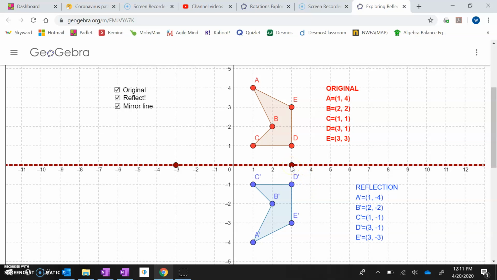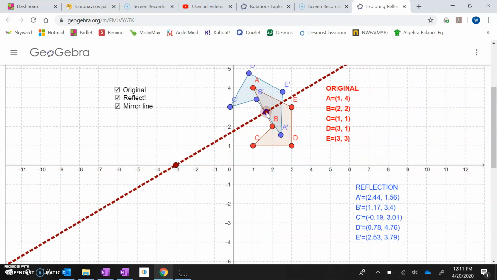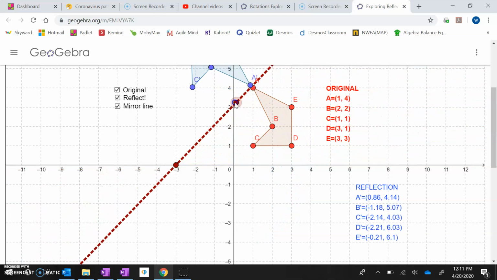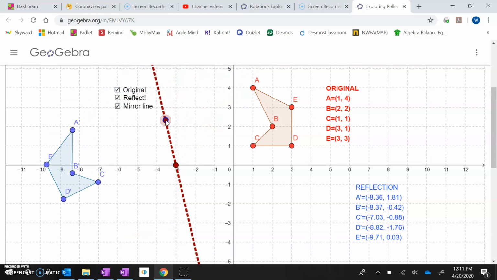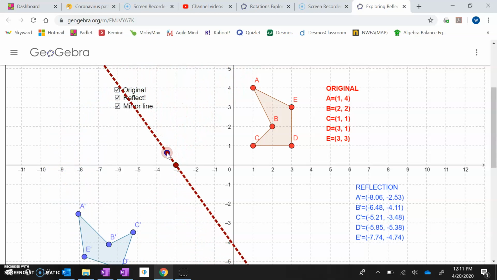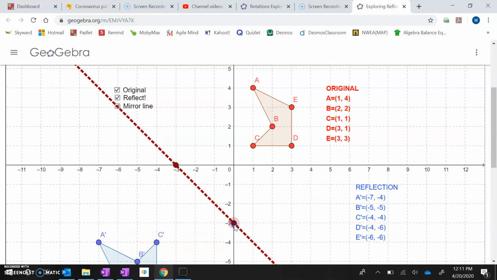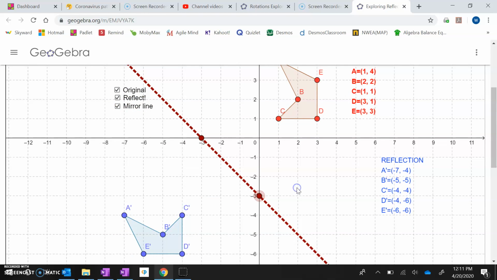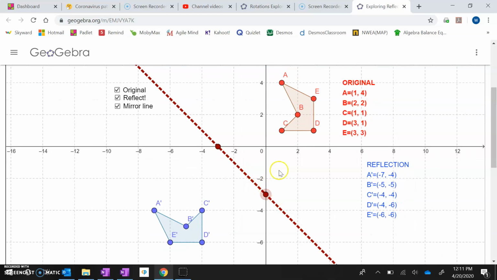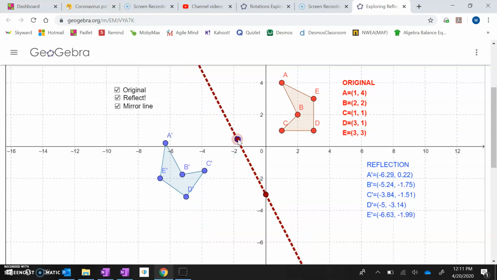But notice, hold on, you could reflect across a lot of different lines, and no matter where you put it, it'll follow that rule. You can imagine if this was our line of reflection, let's say we put it right here, you can imagine making predictions for those coordinates.